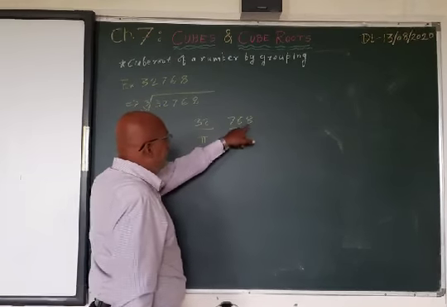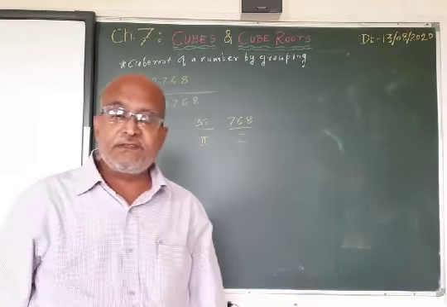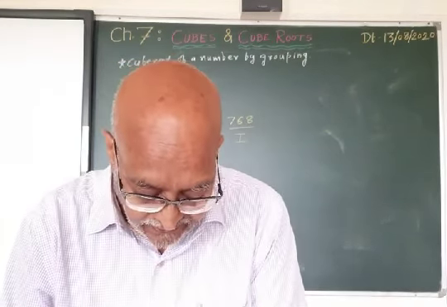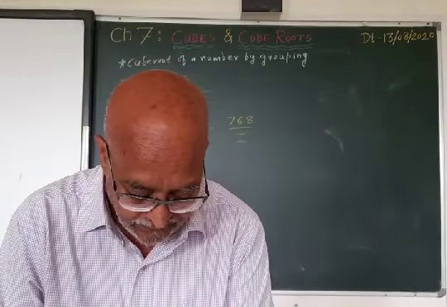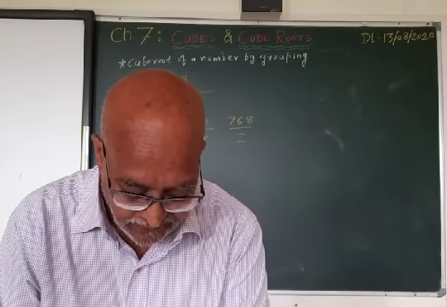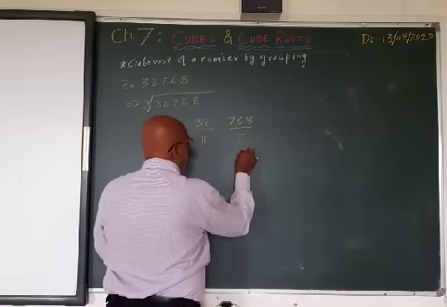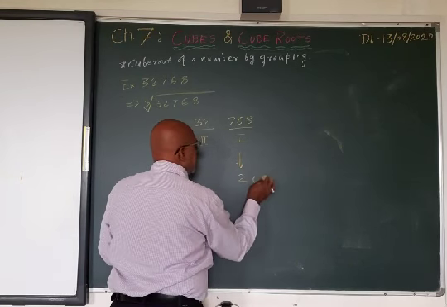Now in the first group, here 8 is the unit place. Of which number does the cube have 8 at its unit place? Yes, we get 2. So from this we have 2 as the unit place number.